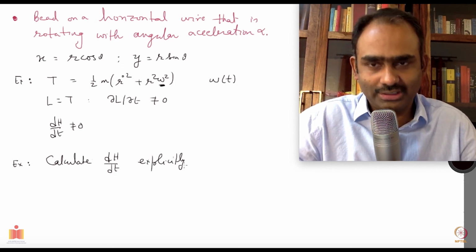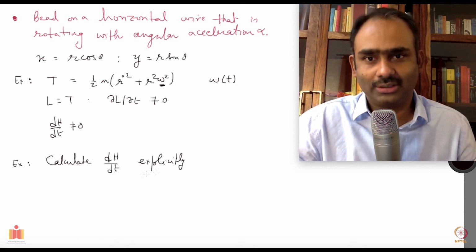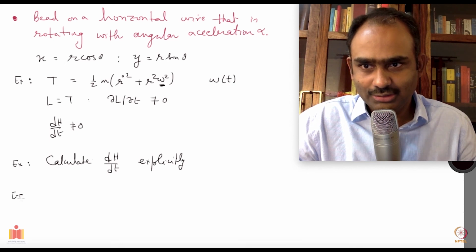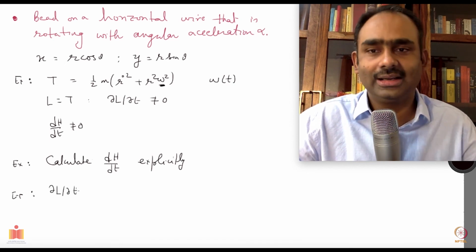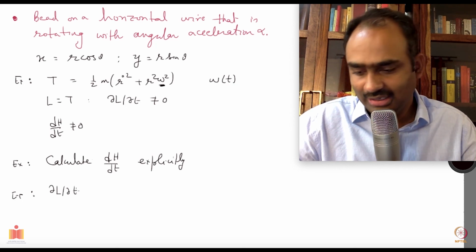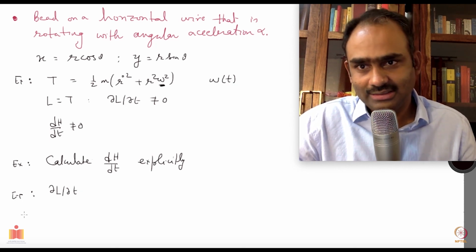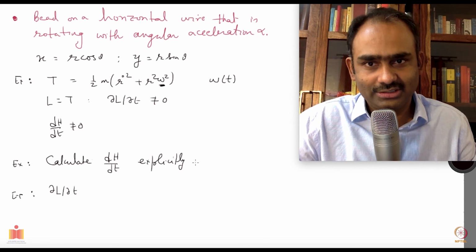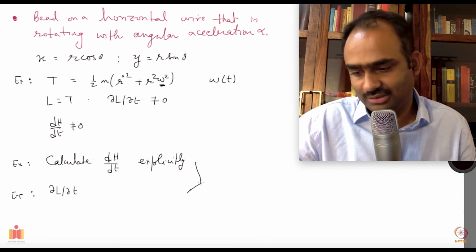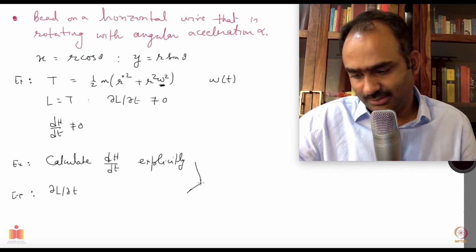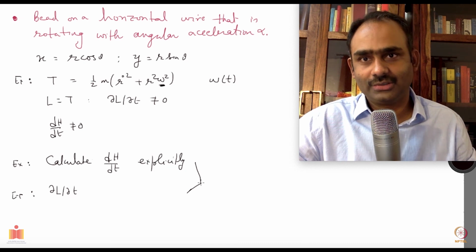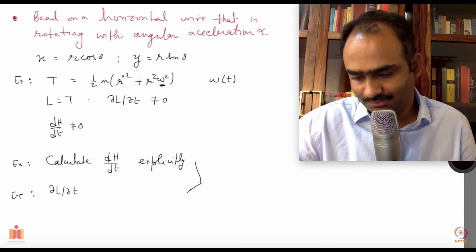Okay, so you have to use chain rule. Do that, get whatever answer you get. Then you calculate del L over del t. So take the Lagrangian, take the partial derivative, and show that dH over dt and del L over del t, they are same. Okay, so these two should give you the same answer. Okay, so please do these two, three simple exercises that I have given.